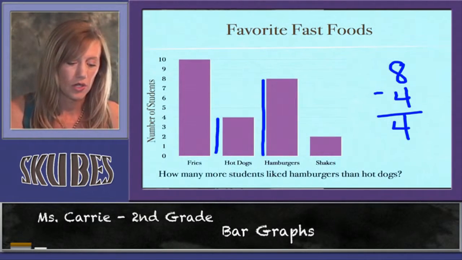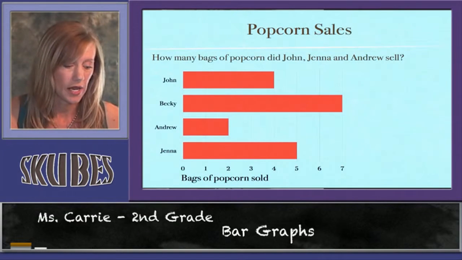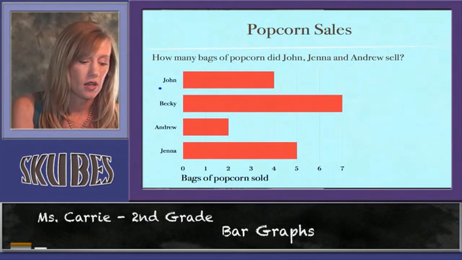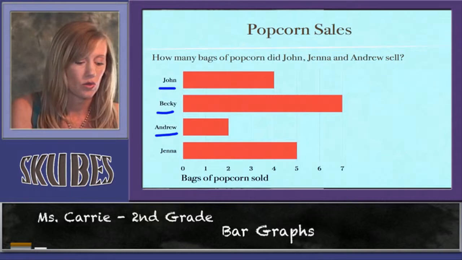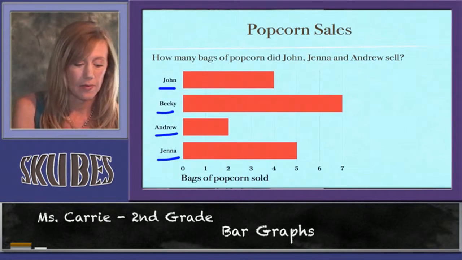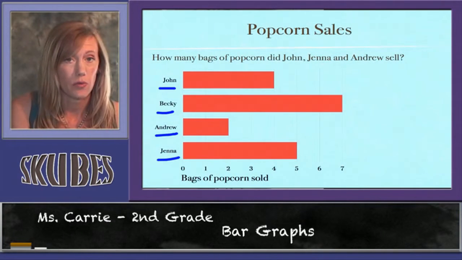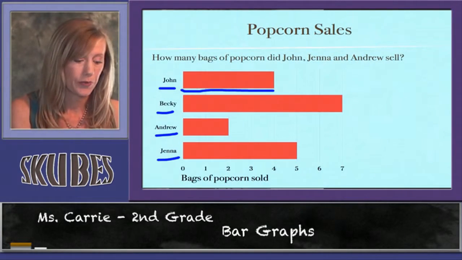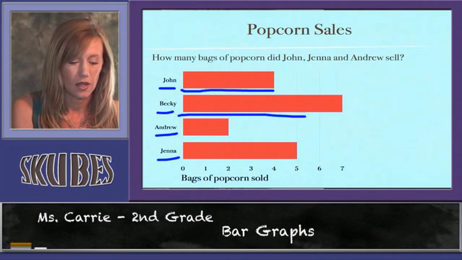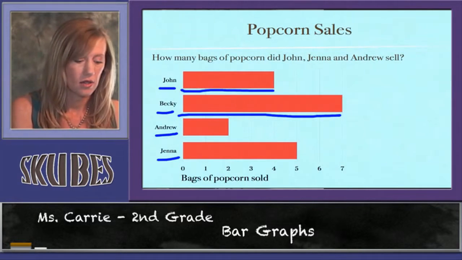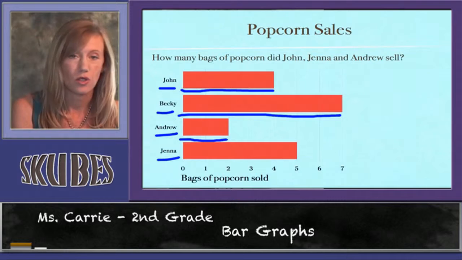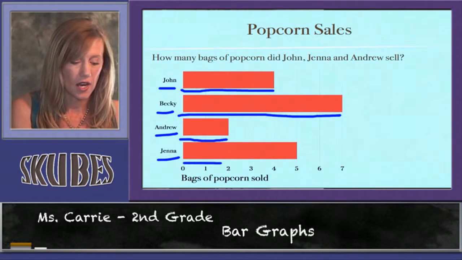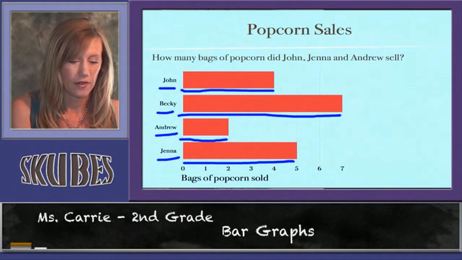Let's look at a totally different graph. This is popcorn sales. We have John, Becky, Andrew, and Jenna selling popcorn. And at the bottom are the numbers of bags of popcorn they sold. So we see that John sold 4, Becky sold 7, Andrew sold 2, and Jenna sold 5.